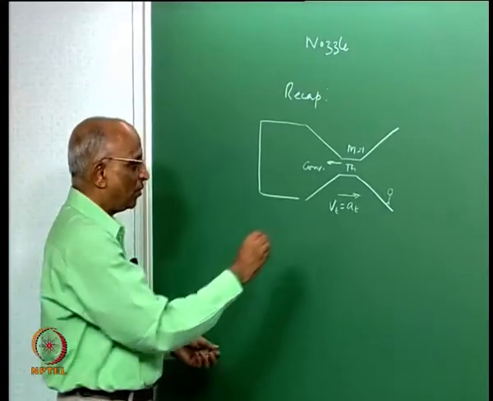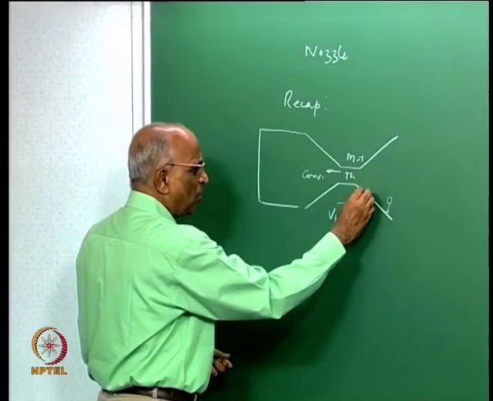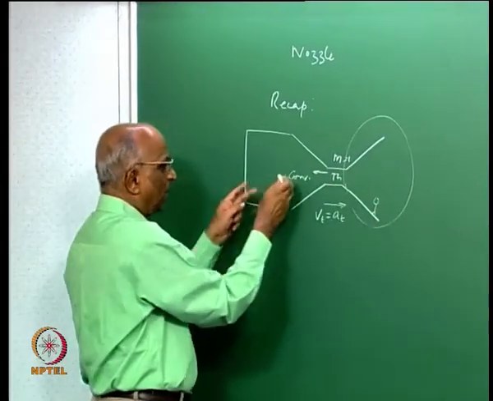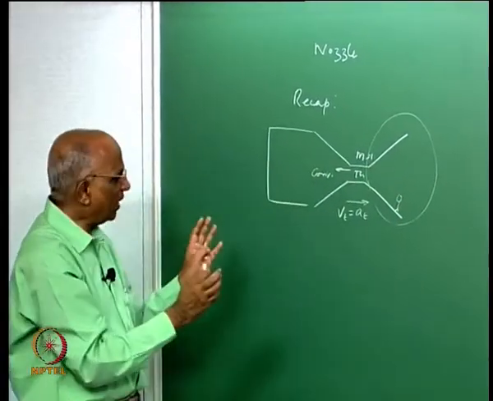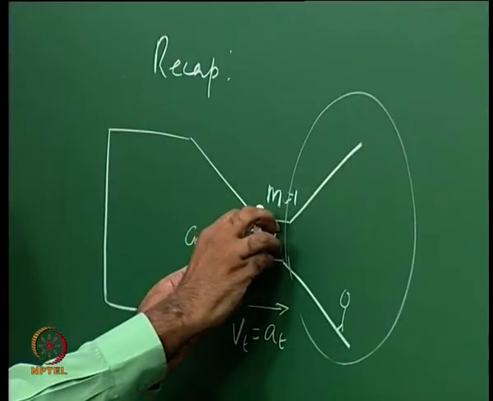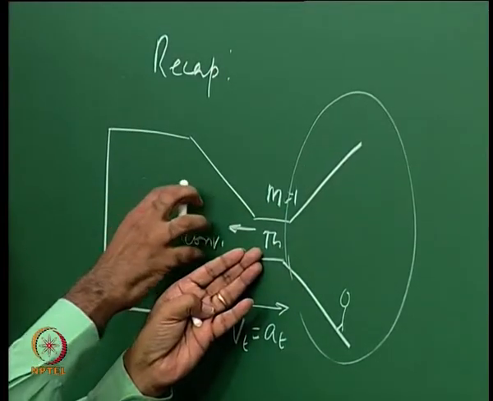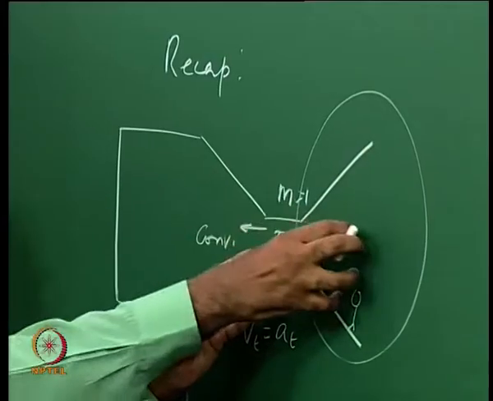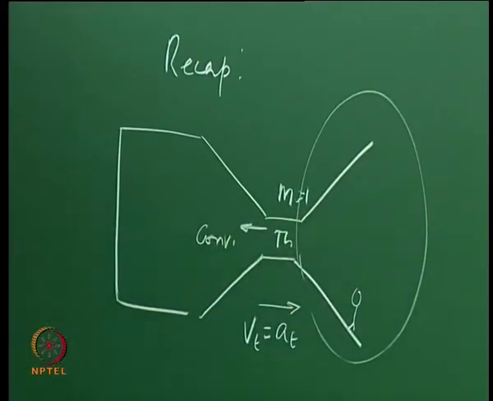Therefore any disturbance downstream of the throat cannot enter the chamber, and the sonic throat essentially decouples the convergent and the chamber from the downstream portion. This is because the disturbances travel at the sound speed.